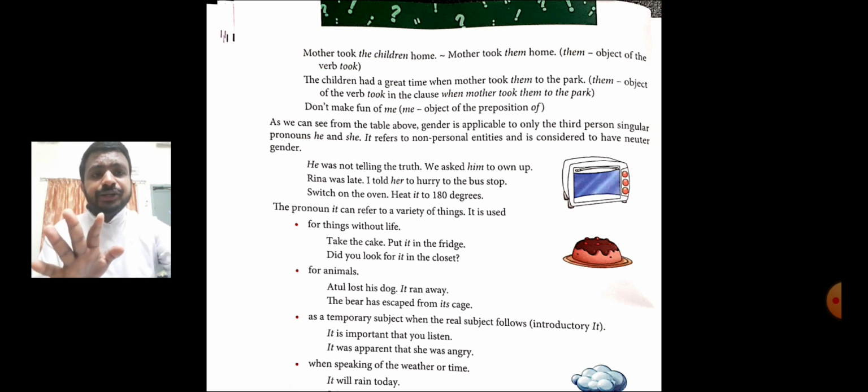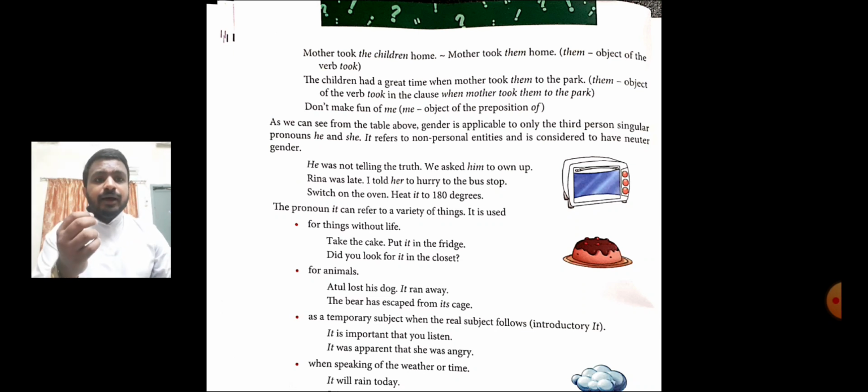And one more thing you need to remember, about it also, you will have the problem, and it always refers to the non-personal entities and is considered to have the neuter gender.